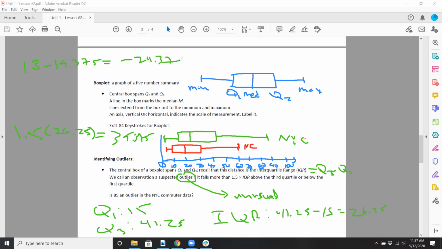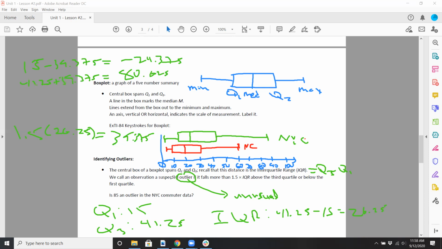Obviously, I didn't have any commute times that are negative. If I add 39.375 to 41.25, that will be another outlier cutoff, and that would be 80.625. So anything that's 80.625 or higher, or less than negative 24, which is impossible because we don't have negative commute times, could be considered an outlier.